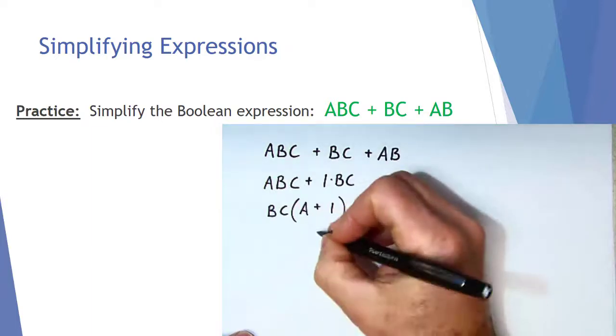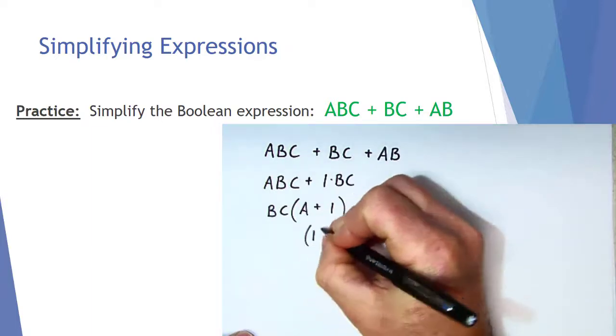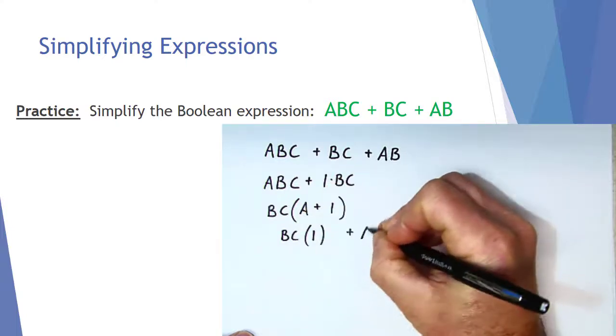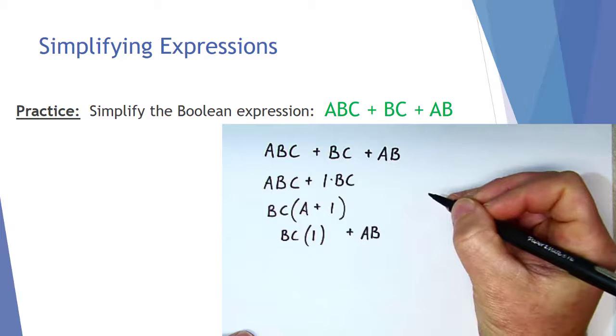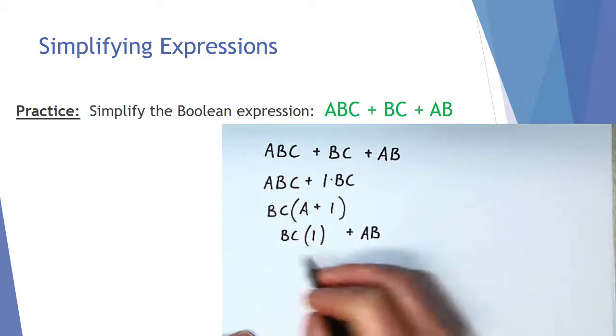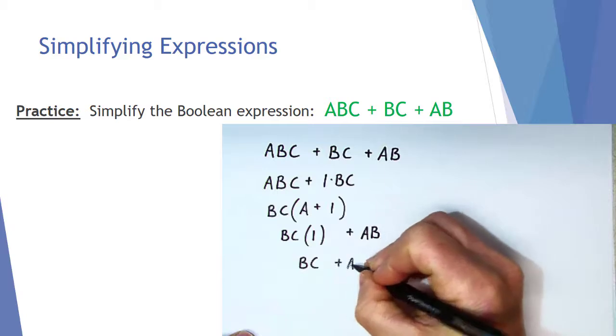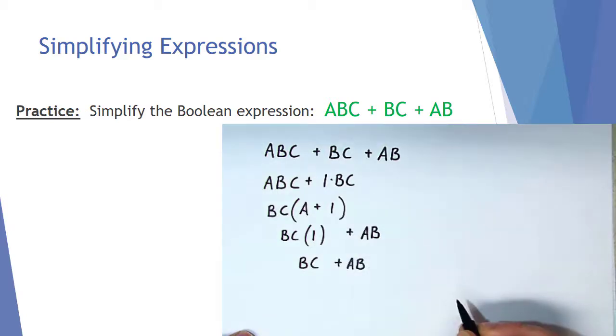But A or 1 simplifies to be just 1. And so we have BC times 1 plus AB. But BC times 1 is just BC or AB. And already we've simplified this quite a bit.